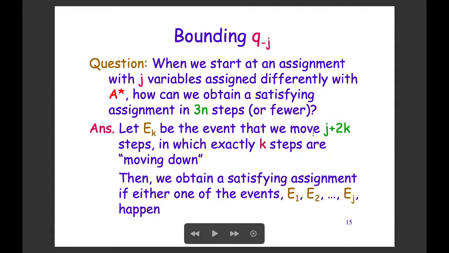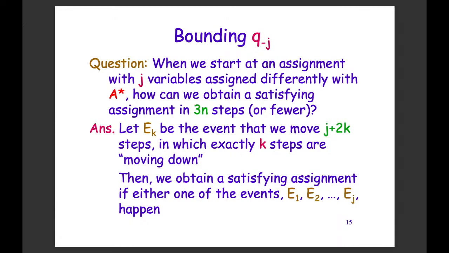Because for instance, if we go back k steps, that means that altogether we have 3n steps, right? So we will have at least j plus 2k steps moving forward when k is less than or equal to n. Then in that case, we will reach the final state.